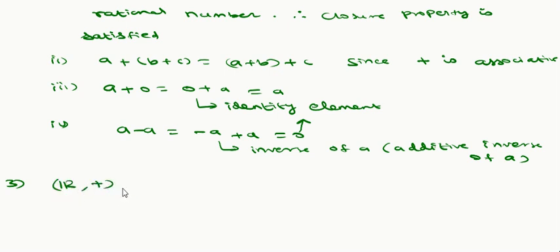Real numbers under the operation addition is a group, and the set of all complex numbers under the operation addition is a group.